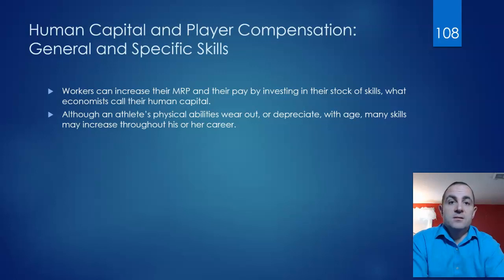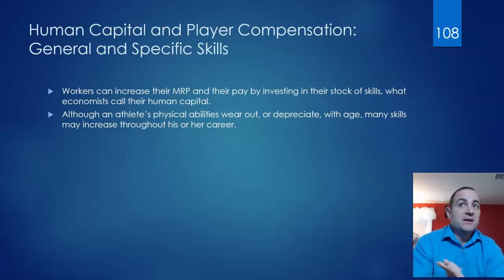Now, unlike a lot of non-physical jobs, an athlete's physical abilities do wear out or depreciate with age, but on the other side, their skills may increase throughout their careers.